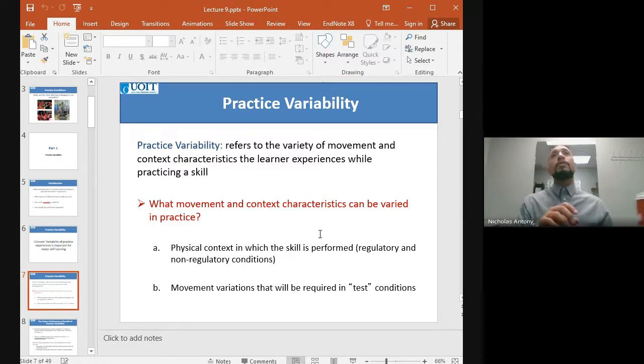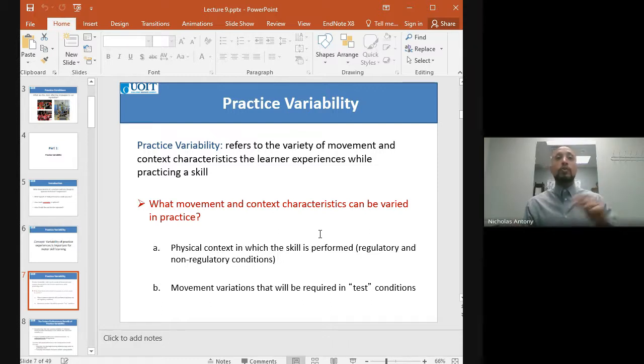And so the term in research, practice variability, refers to the variation of the movement and context characteristics that the learner will experience as they're practicing. Movement practice variability will be the different variations of the skill that they're learning in practice.